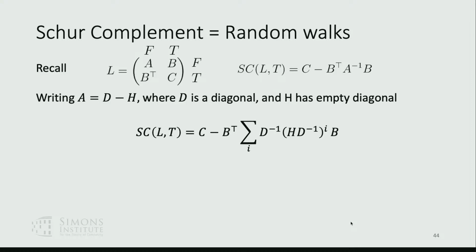A inverse looks like, it's worth reading out the first few entries. The first entry is D inverse. The second entry is D inverse H D inverse. The third entry is D inverse H D inverse H D inverse, and so on all the way to infinity. So you write this infinite expansion for A inverse, and you have a B on the right.